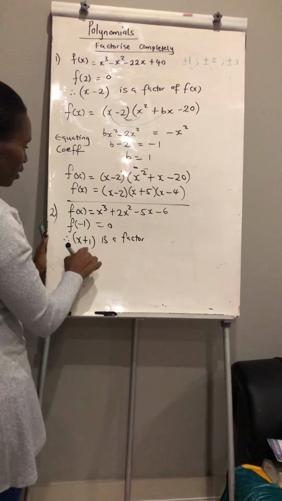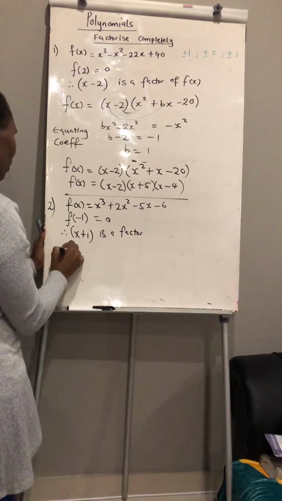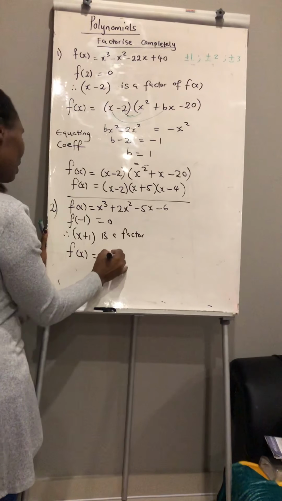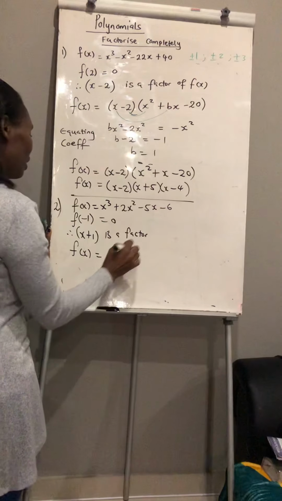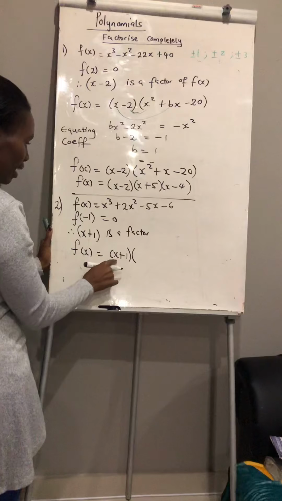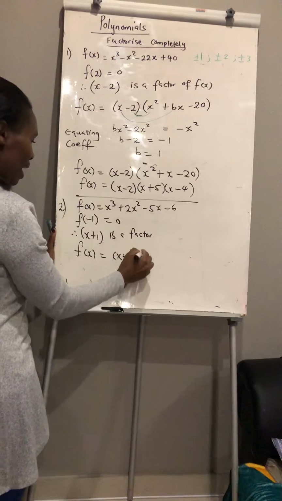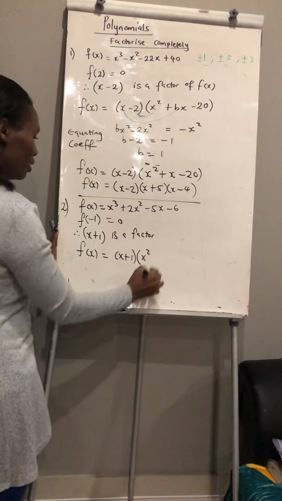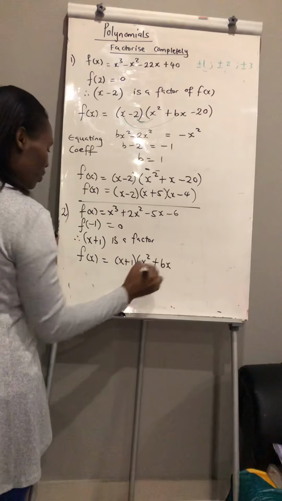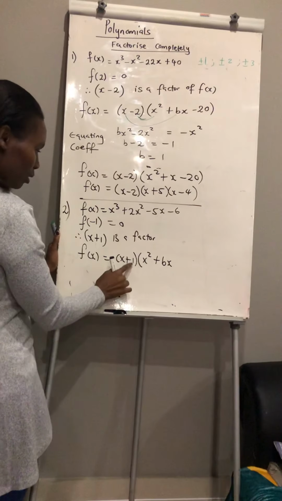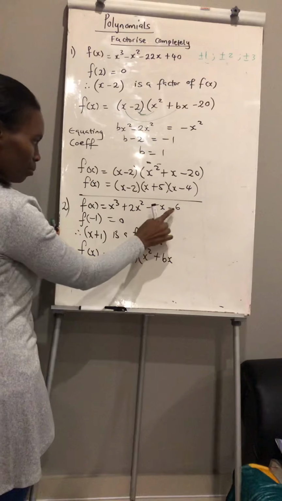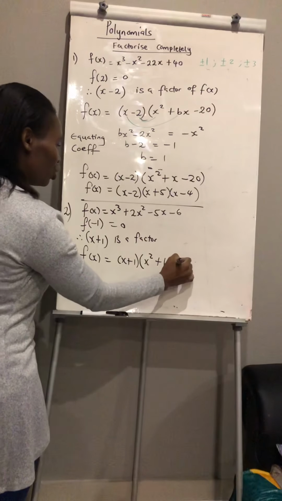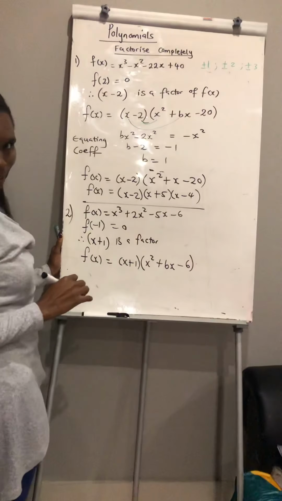So if x plus 1 is a factor, it means you can write function of x as x plus 1, and then you ask yourself, what do you multiply x with to get x cubed? And you're right, it is x squared. Then the middle term, don't worry about it. Then what do you multiply 1 with? So you can get minus 6. It should be minus 6.